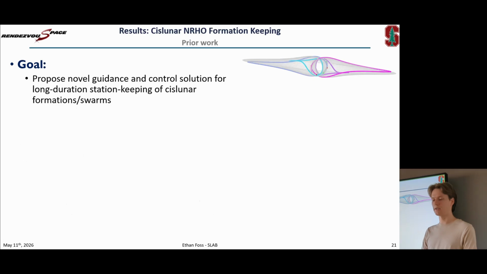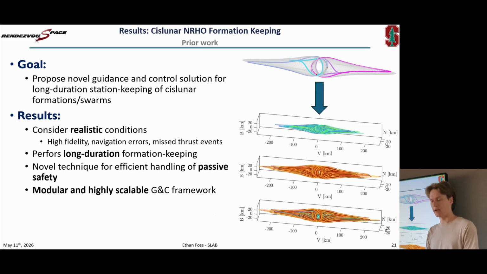So with this in mind, I'll present some results that I presented at the Astrodynamics Specialist Conference last year, in which we proposed and demonstrated a novel guidance and control solution for long duration station keeping of cislunar formations and swarms. Basically, our results consider realistic conditions.